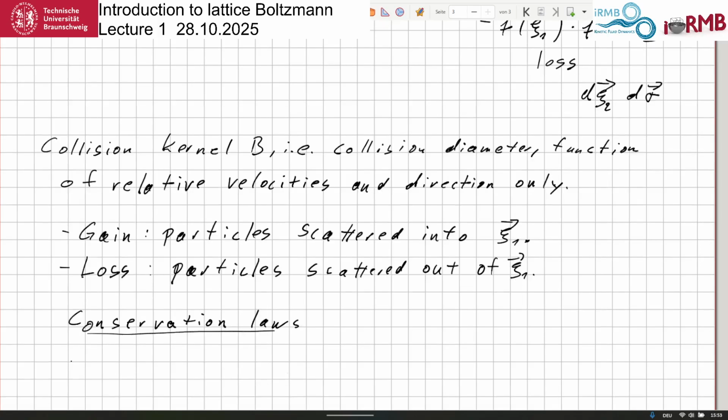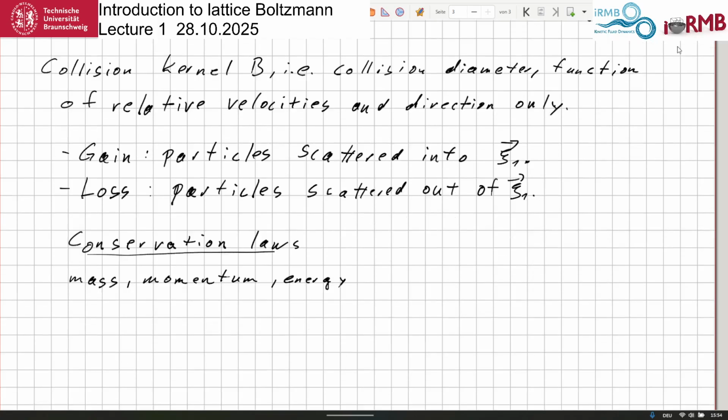So we have mass, momentum, and energy that we want to conserve. So what does this mean? This means that the collision, this omega, is not allowed to change mass, momentum, and energy.